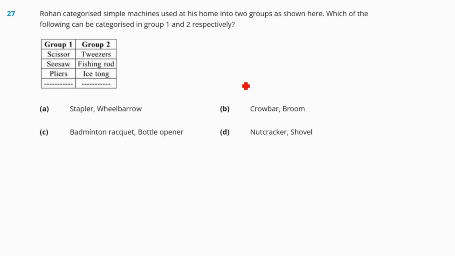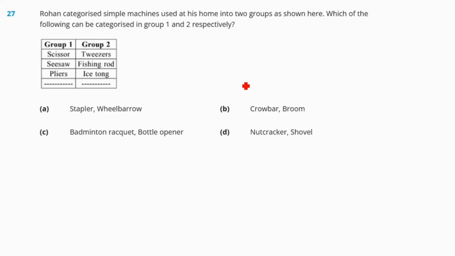Question number 27. Rohan categorized simple machines used at his home into two groups as shown here. Which of the following can be categorized in group 1 and group 2 respectively? In group 1, he has scissors, seesaw and pliers, and in group 2, he has tweezers, fishing rod, ice tong. From here, you can understand that scissors, seesaw and pliers are class 1 levers.